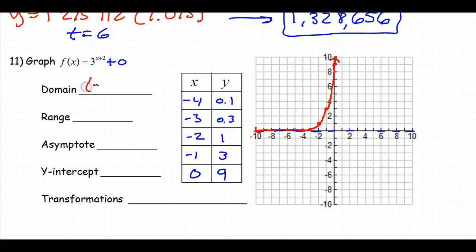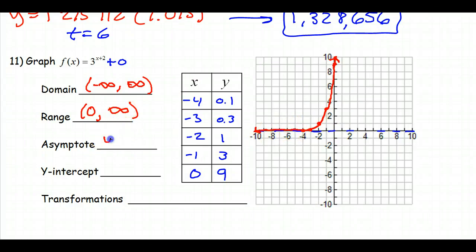Now the domain is going to be -infinity to +infinity because it goes left forever and it goes to the right forever. The range, it does not go to -infinity. It starts here at 0. So the range will be 0 to infinity, all right, because it starts from here and goes up. By leaving this as a parentheses, we are not including 0 itself because the graph doesn't actually get to the asymptote.